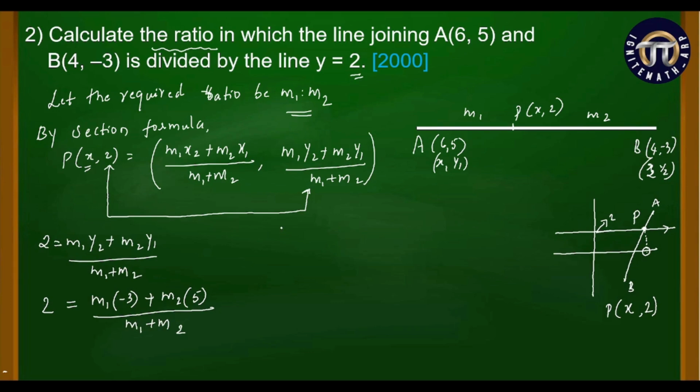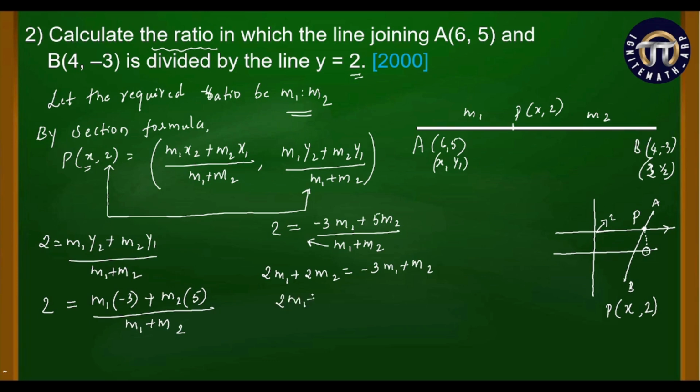Right. So now directly I can write this as 2 is equal to minus 3m1 plus 5m2 divided by m1 plus m2. When I take this m1 plus m2 to the left hand side, it becomes 2m1 plus 2m2 is equal to minus 3m1 plus 5m2. Now I'll bring all the m1s on one side and m2s on one side.